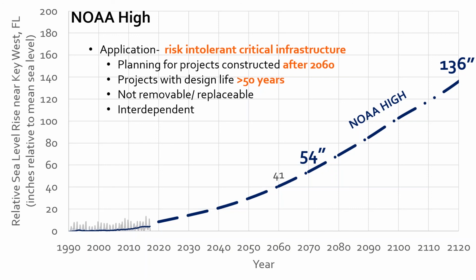Or it could be infrastructure that you know will be in place longer than 50 years. This may be a railroad, it could be our canal floodgates, it could even be some of our buildings. For example, the building I'm standing in has been here longer than that.